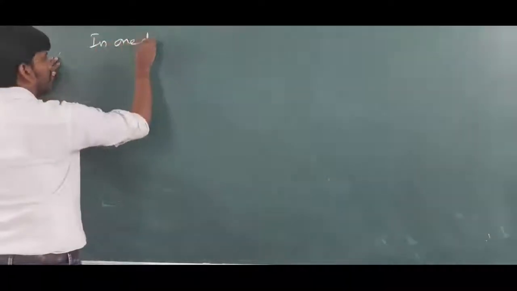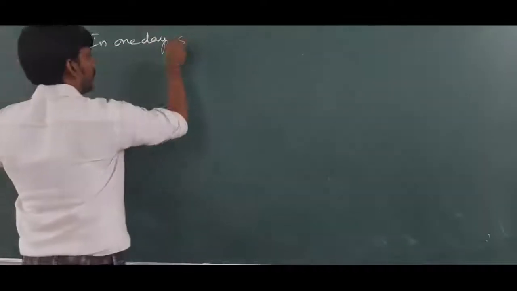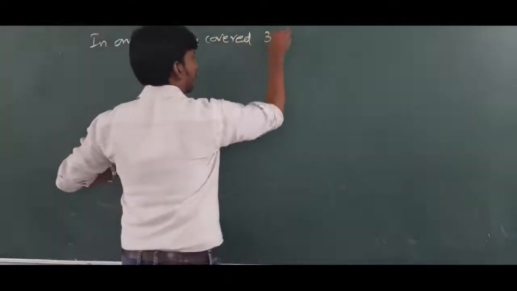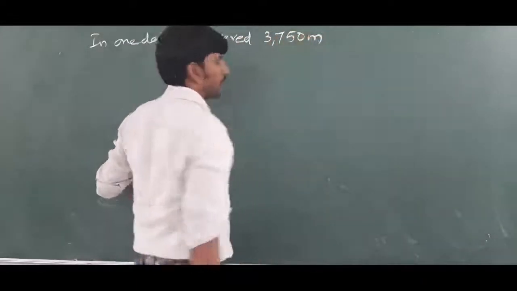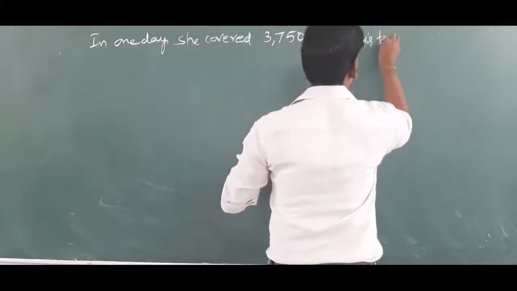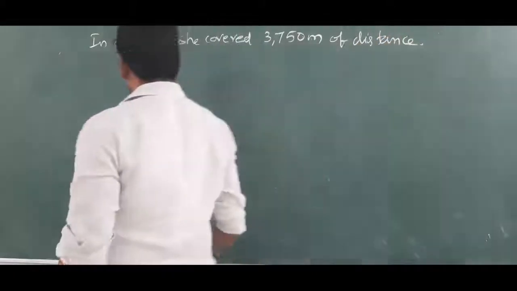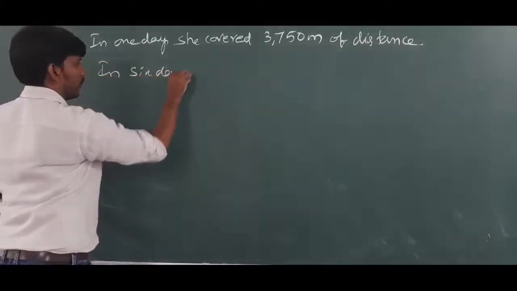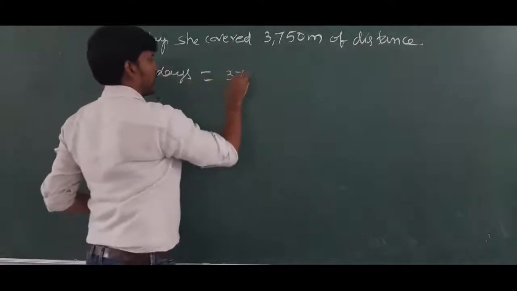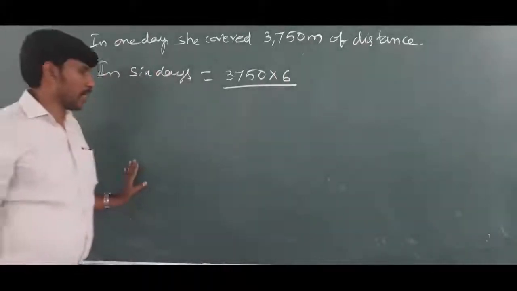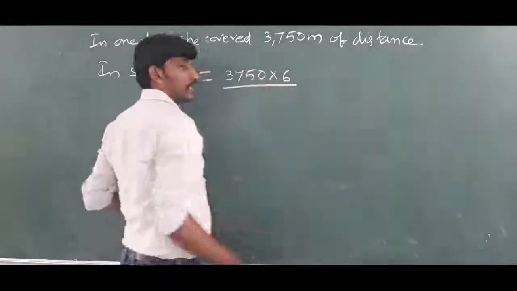So in one day she covered 3750 meters of distance. Now in 6 days, it is equal to 3750 into 6. You just multiply these two, you will get the total distance covered by her in 6 days.